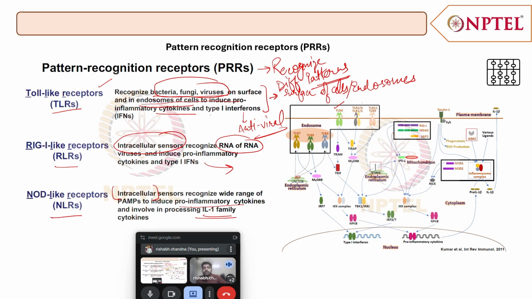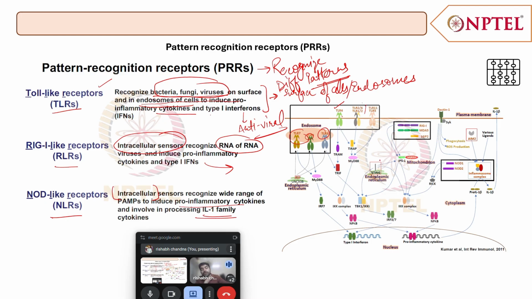On the endosome, we have TLR7, 9, and 3. You must remember that on the endosome we have TLR7, 9, and 3. On the surface we have TLR4, 11, 5, and 6 and 2. These have different functioning based on their production as well as their activity.